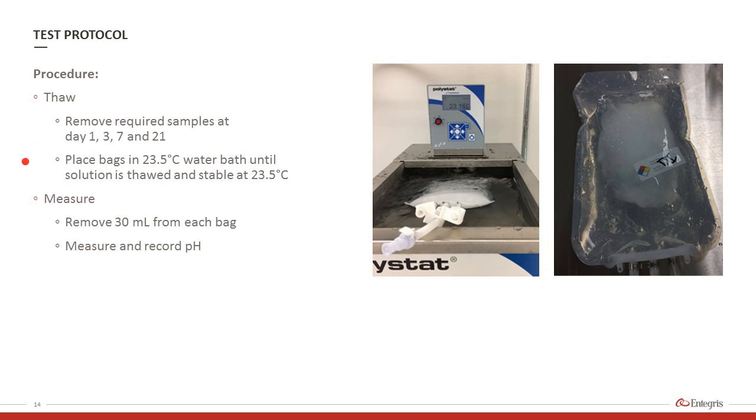The bags were placed in a water bath at 23.5 degrees C to rapidly thaw the sodium phosphate solution. A 30 ml sample was then pulled from each bag, and that was used to measure and record the solution pH. The change in pH was then determined by calculating the difference between the time 0 pH and the time interval pH.